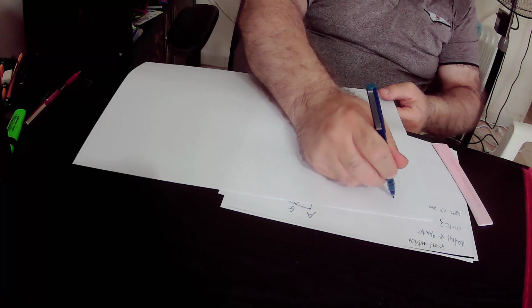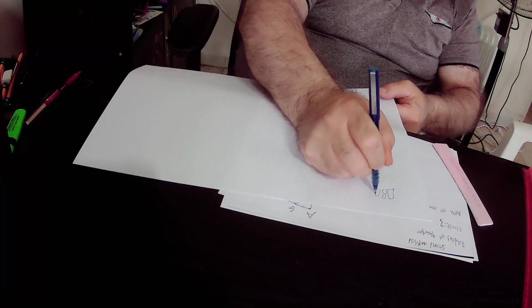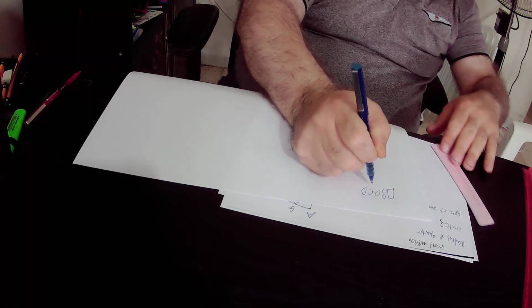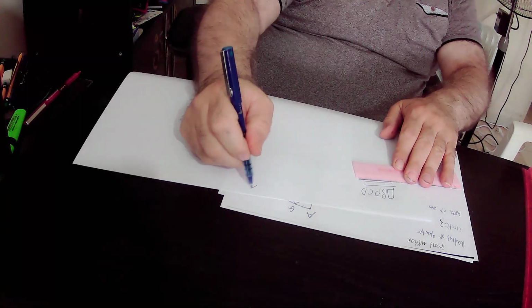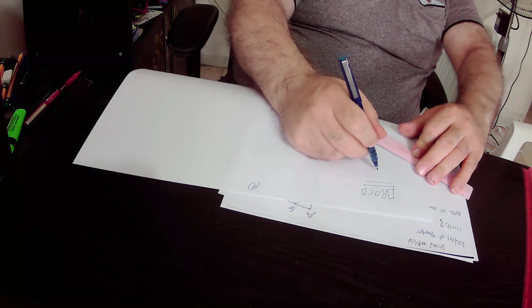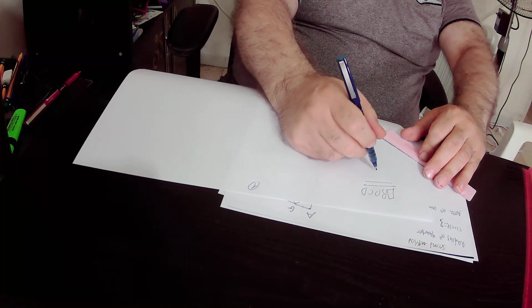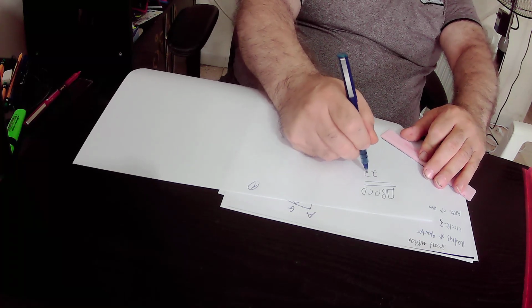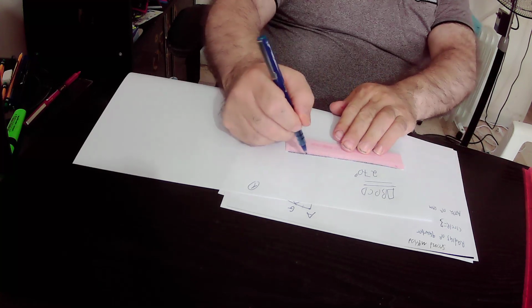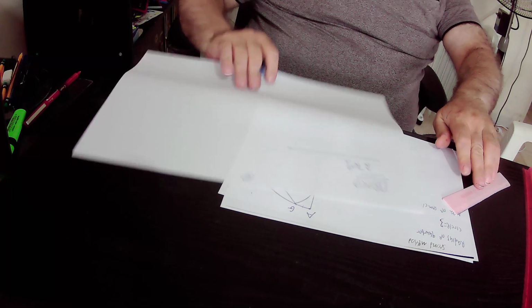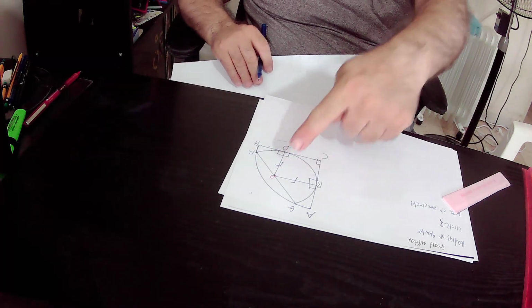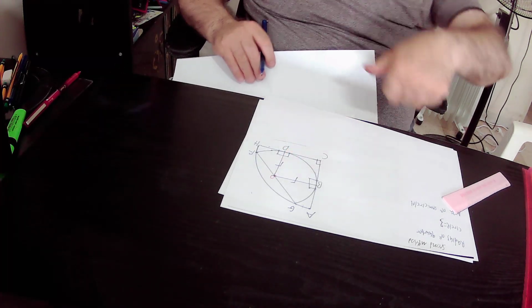I will repeat again. In quadrilateral BOCD, we have 3 right angles. The sum of 3 right angles is 90 times 3, that is 270 degrees, plus the size of the fourth angle, which is angle BOD.